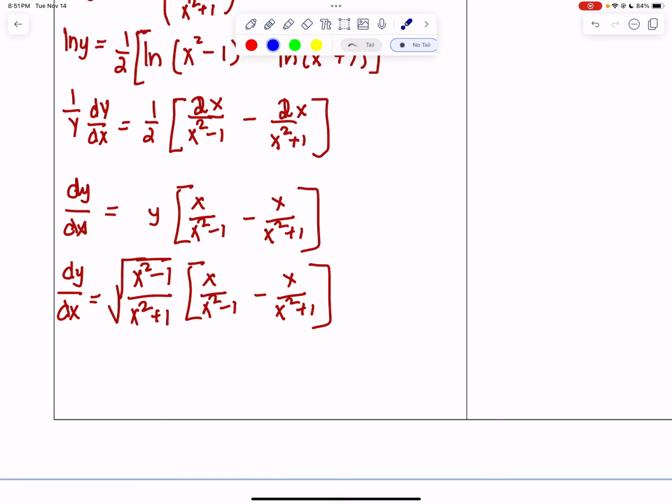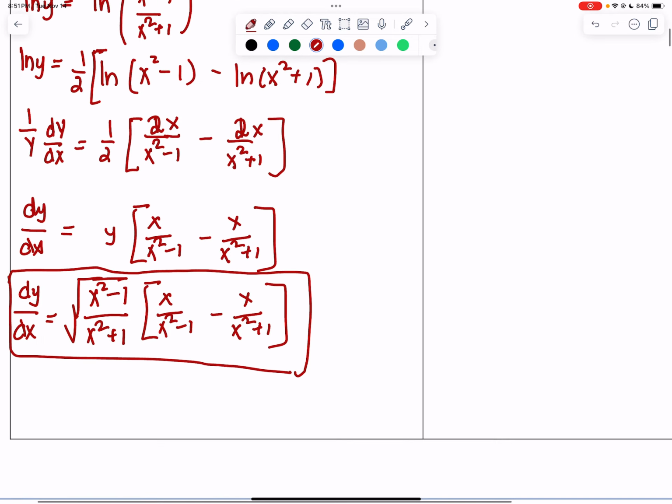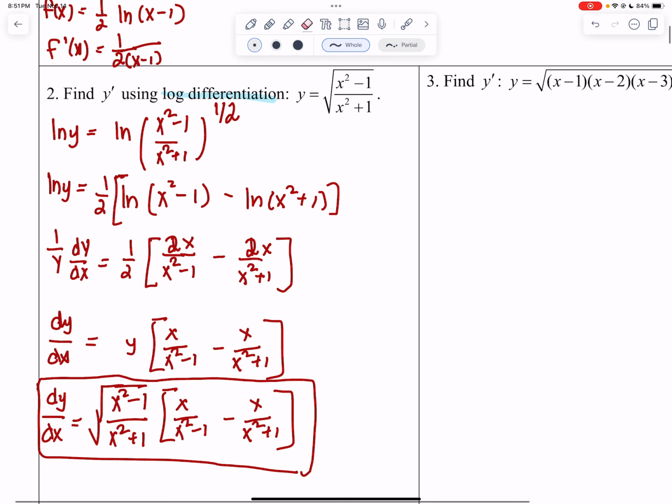So your answer is either going to look like this if you have y, or it's going to look like this if it's on the multiple choice, and it requires you to simplify all the way so that you don't see any y's. For my sake, go ahead and substitute it in, just because it's an explicit function and you already know what y is.